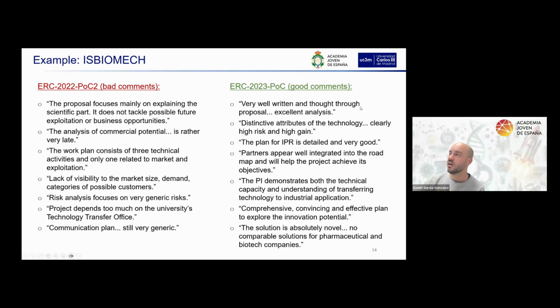Very well written, okay, excellent analysis, distinctive attributes of the technology, clearly high risk and high gain. Okay, so this is what I got when I included this table that I showed you, that they evaluated super nicely. The plan for IPR, after the comments, is now detailed and very good. Partners appear well integrated into the roadmap.